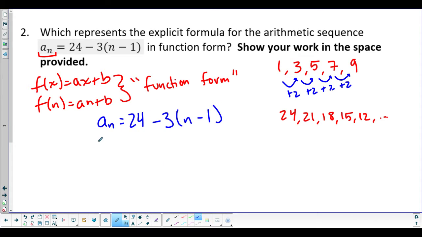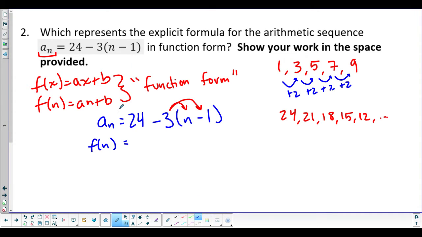So what I'm going to do, first of all, is change a sub n to f of n, right? That's a function. And now I just want to make it look like an plus b, meaning what I have to do is distribute this negative 3 into my parentheses. And remember, if a number is attached to parentheses, it means multiply everything in the parentheses.